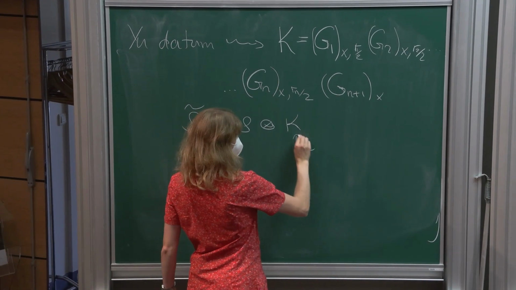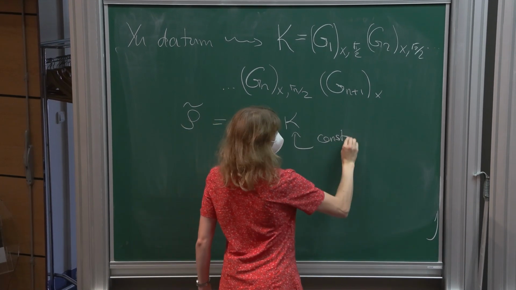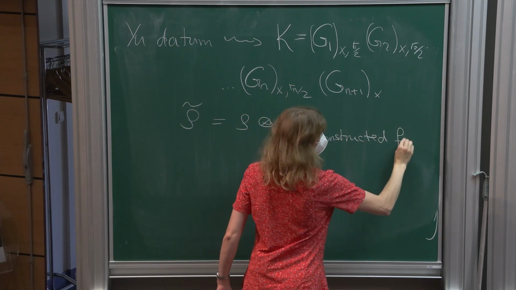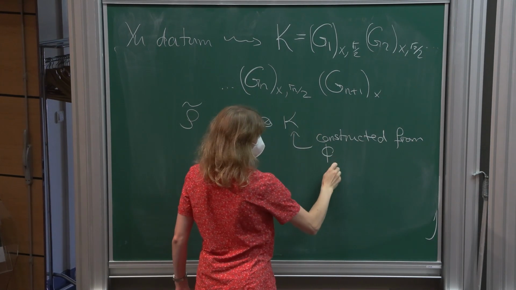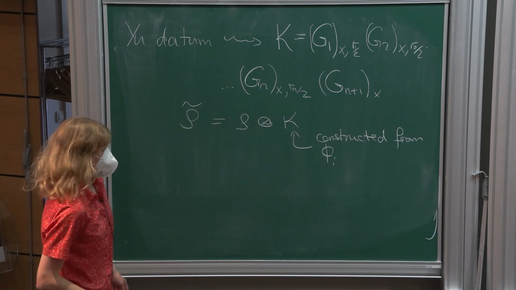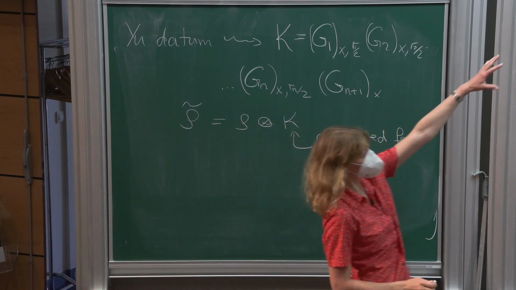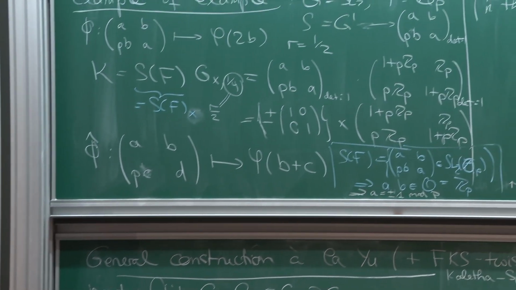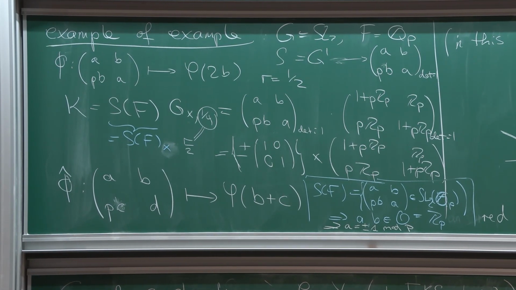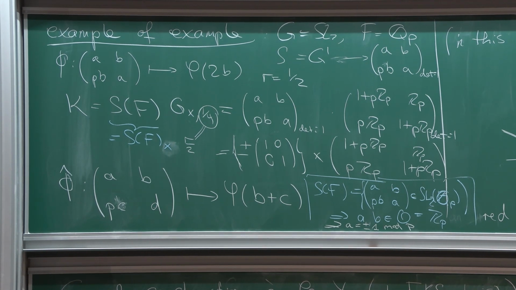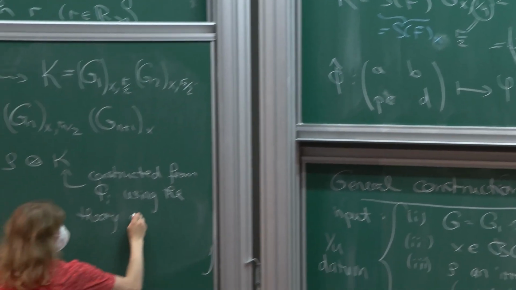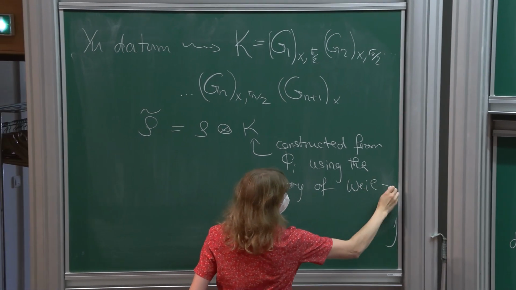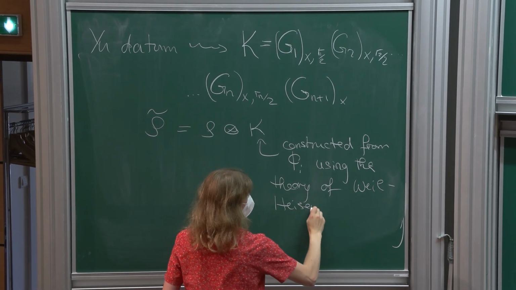So this kappa is constructed from the phi i's. And so that's a generalization of the example over there, how we constructed it by extending. But in general, it's constructed using the theory of so-called Weil-Heisenberg representations.